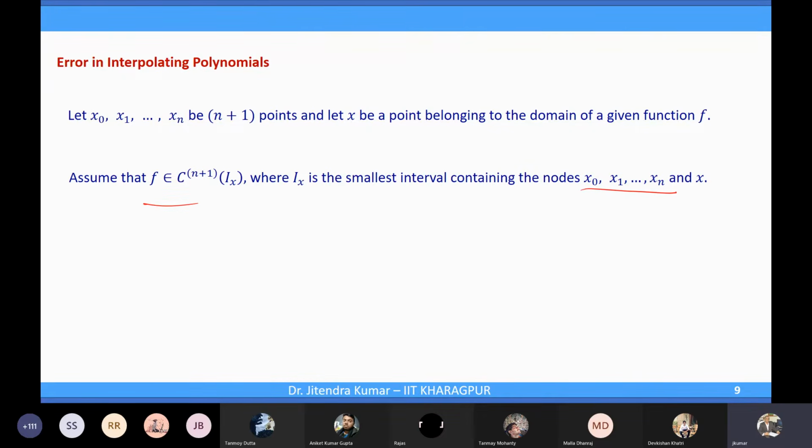So here we have the data points, and then we have this function, and there is a point x where we will discuss the error between the two.